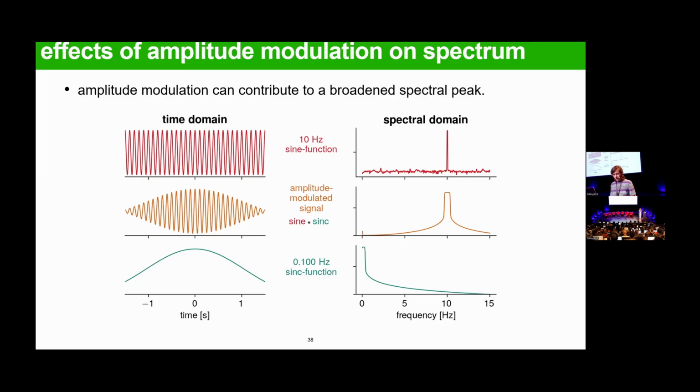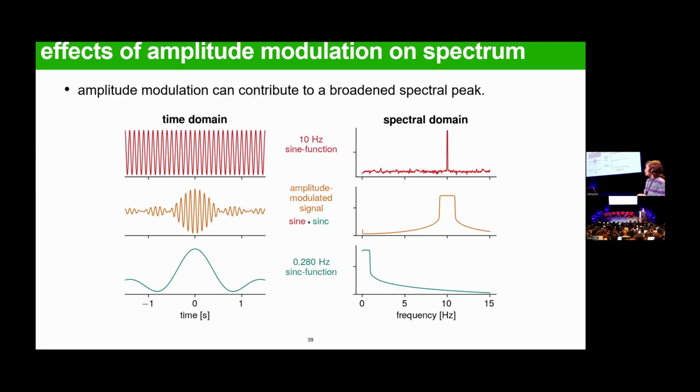So if you have changes in the modulating function, it will change the profile here. I made the modulating function here a little bit weird looking just to illustrate. But this is one factor that influences the width of the spectral peak.